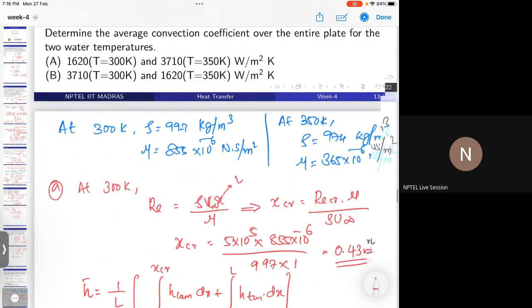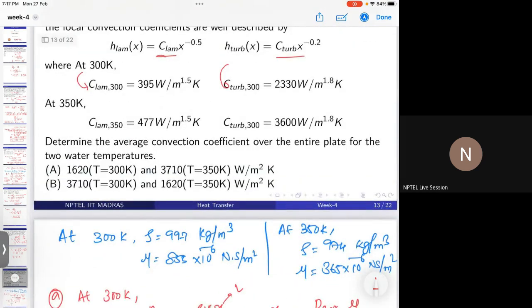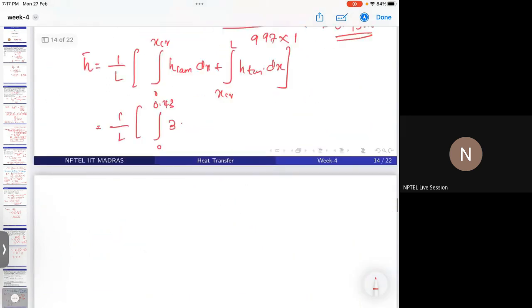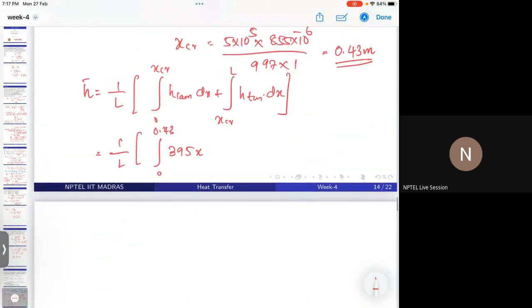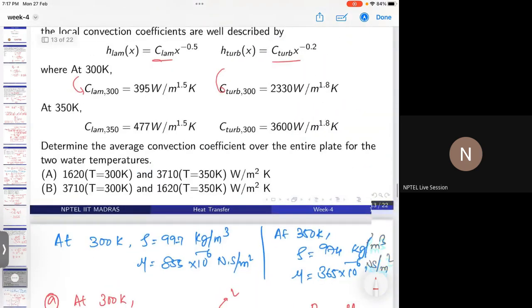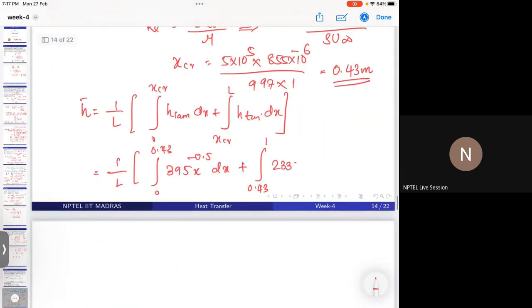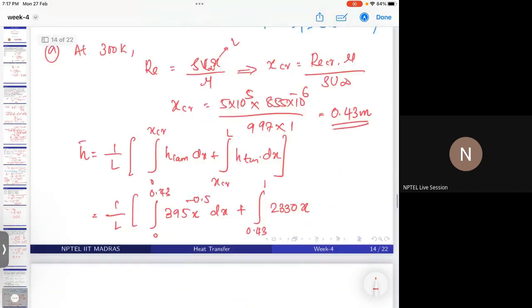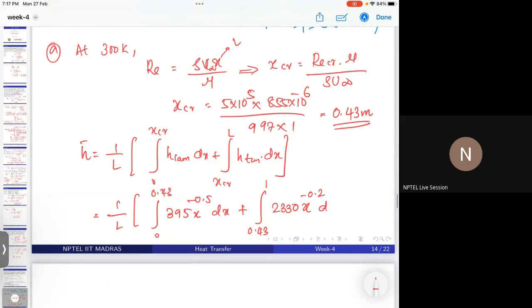h laminar is 395 x raised to minus 0.5 dx, plus integral 0.43 to L of h turbulent, which is 2330 x raised to minus 0.2 dx.